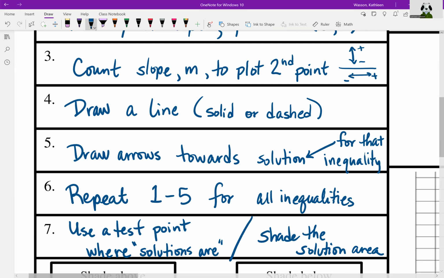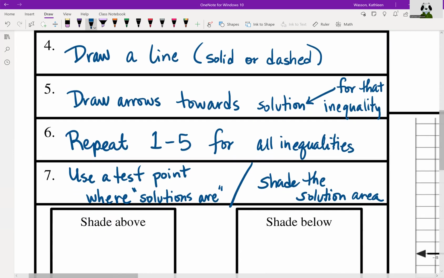If your test point, that point in the space, is not true for all of the inequalities, double check your inequalities and then pick a different point in a different space if it doesn't work out for that area. When you choose a test point, don't pick a point on the line. Pick a test point in the space.